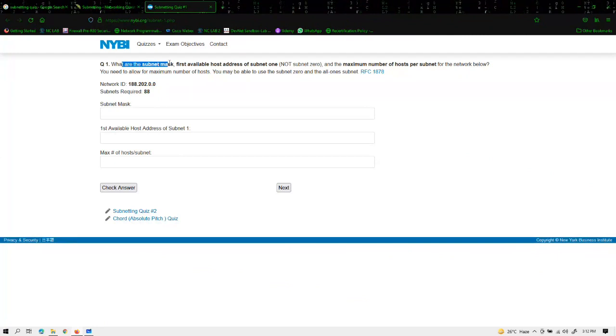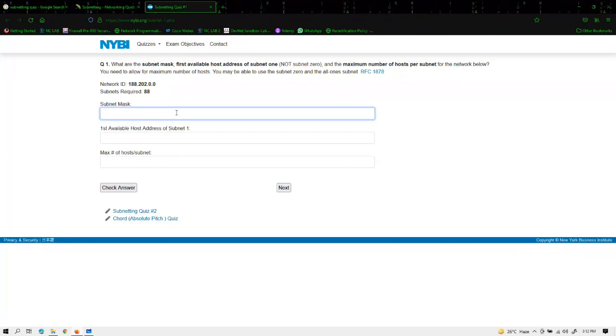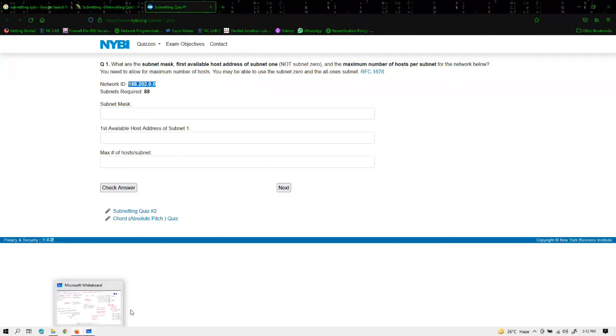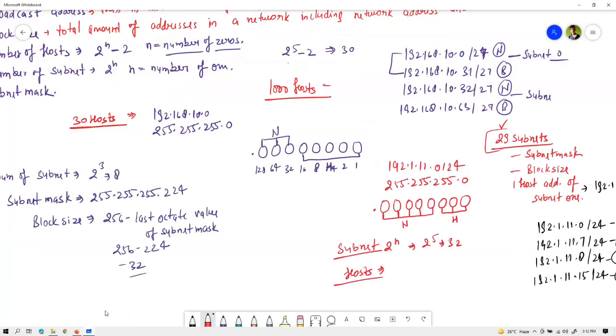What is the subnet mask, the first available host address of subnet 1, and the maximum number of hosts per subnet for this network below? This is the address. So let's take this address and calculate it. Which class address is it? 188.202.0.0 is a class B address.